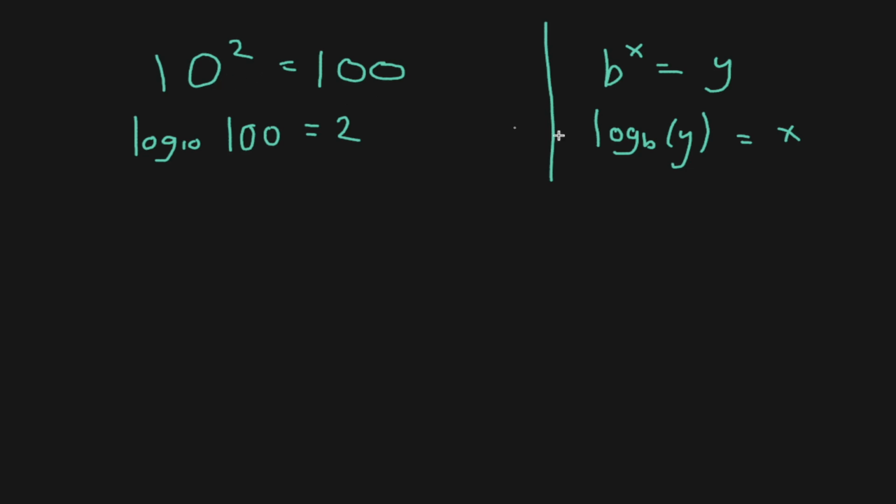So in our case here, log to the base of 10, with 100 as input, well, 10 squared equals 100. So that's the power that we've solved for, which is the inverse of the exponential.